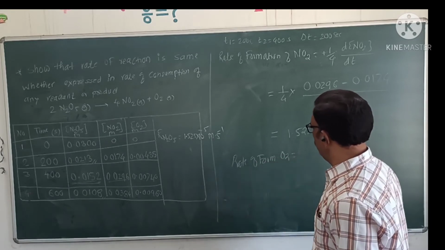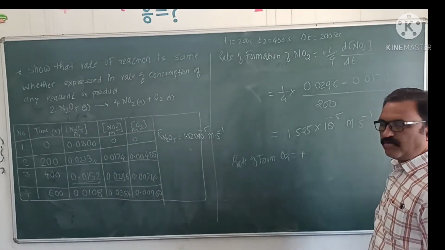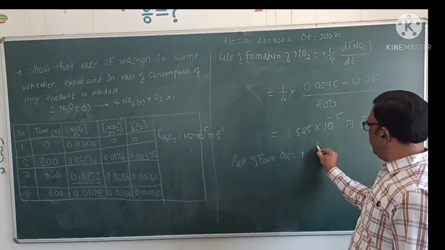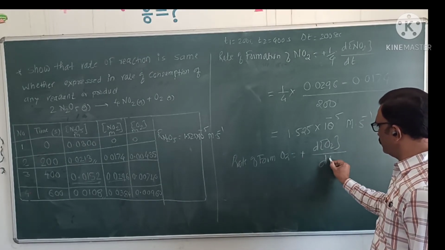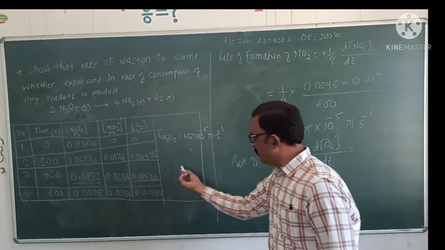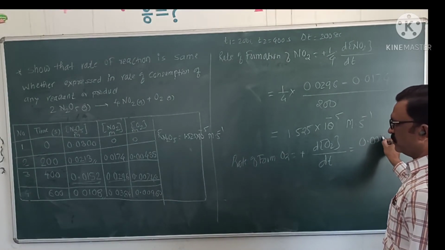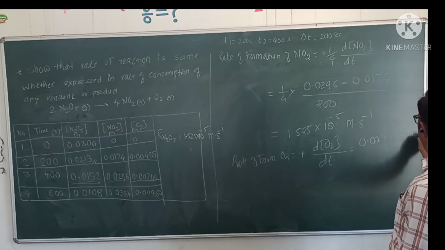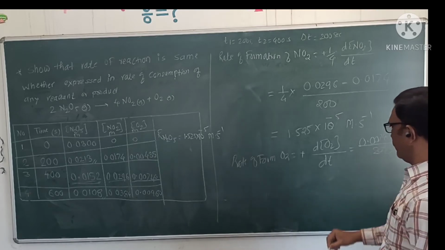is equal to, as there is no coefficient in the equation, the rate of formation of oxygen is equal to plus del concentration, the change in concentration of oxygen, which is equal to the final concentration 0.074 minus 0.00435 divided by 200.